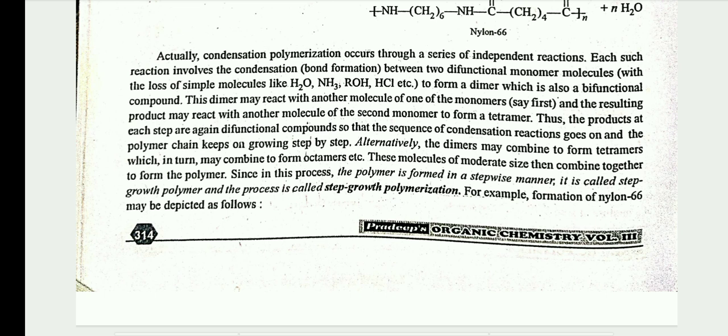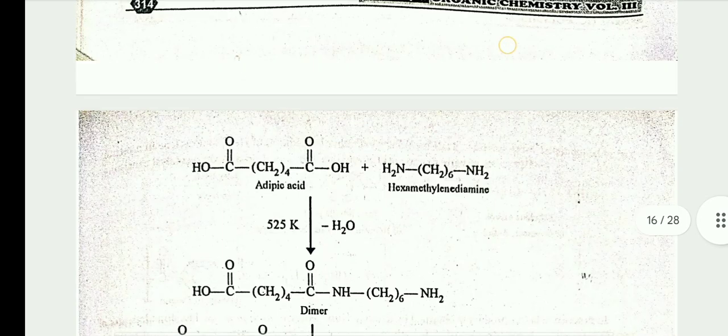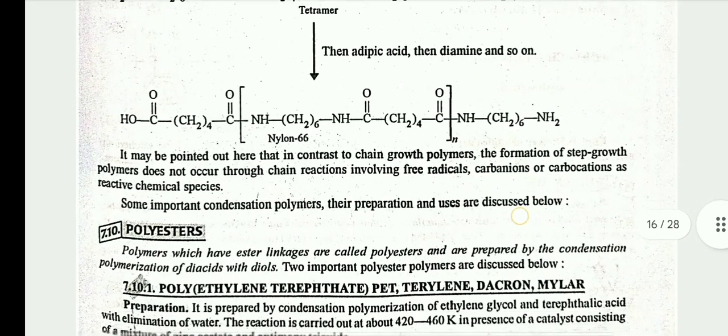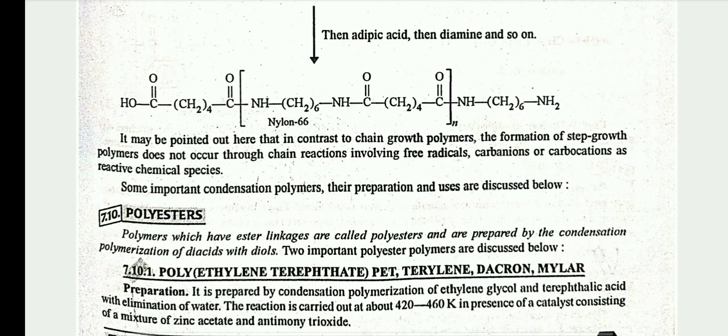For example, formation of nylon 66 may be depicted as follows. It may be pointed out here that, in contrast to chain growth polymers, the formation of step growth polymers does not occur through a chain reaction involving free radicals, carbanions, or carbocations as reactive chemical species.